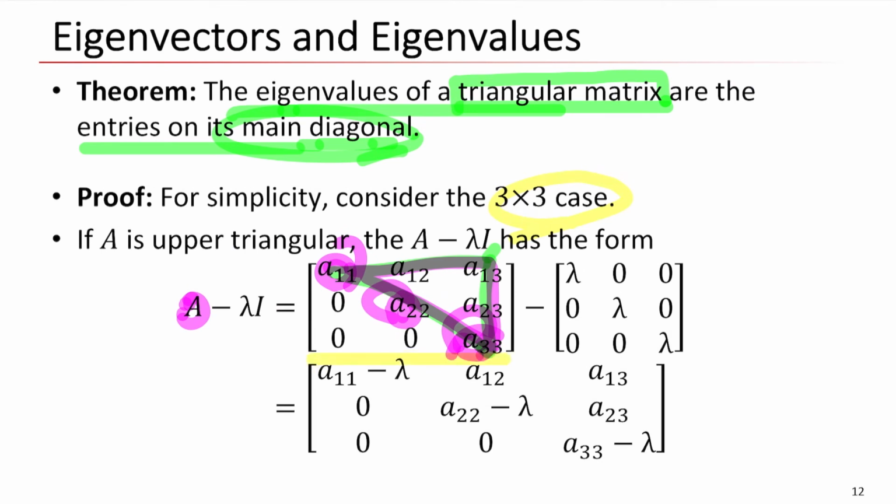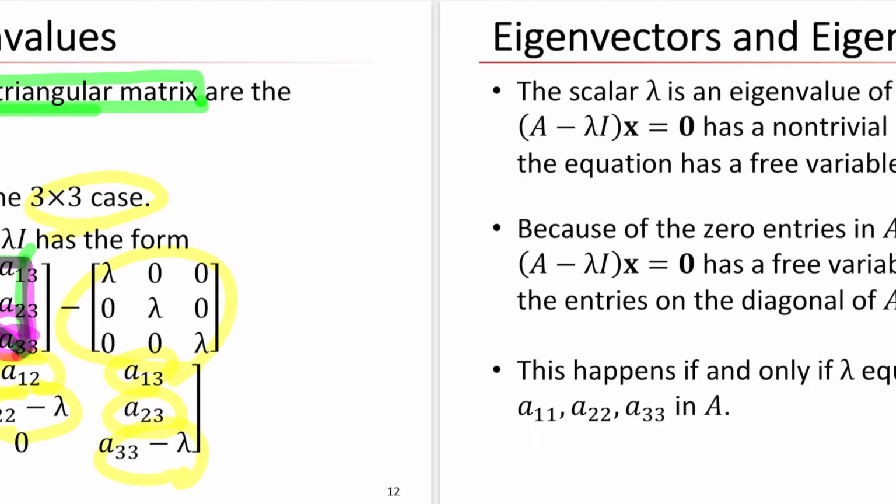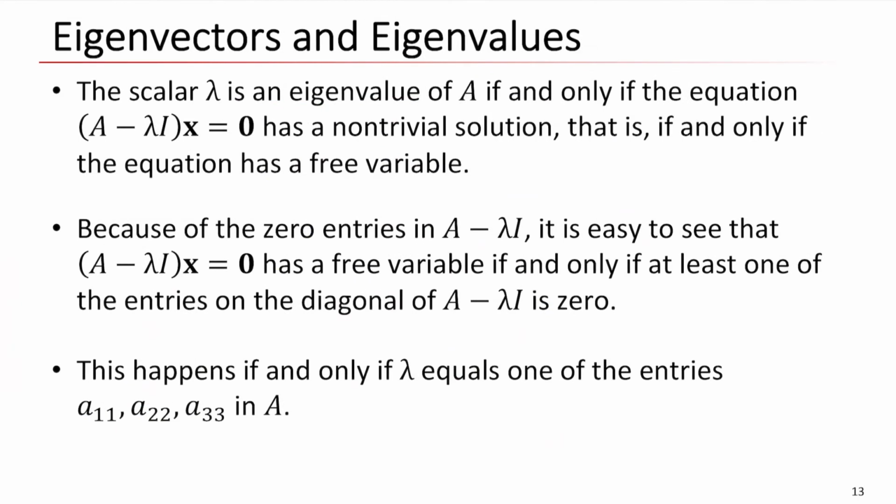So this is matrix A and this is lambda times the identity matrix, and by subtracting these two matrices we get A11 minus lambda, A12, A13, A22 minus lambda, A23, A33 minus lambda here, right? First of all, the scalar lambda is an eigenvalue of the matrix A if and only if the equation (A minus lambda I) times x equals 0 has a non-trivial solution.